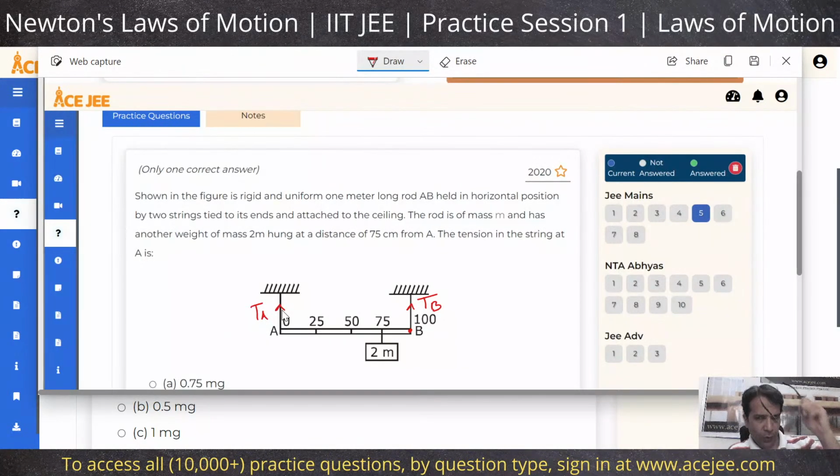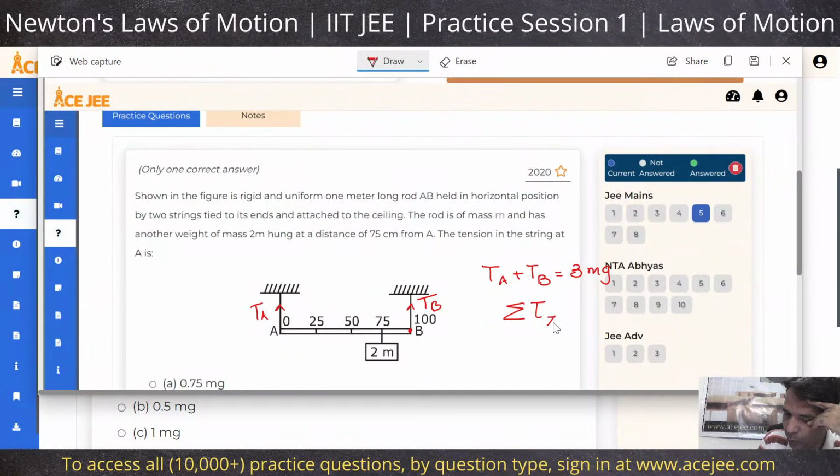Right? But here's the question for you, Peter. We wrote the first equation as TA plus TB is equal to 3 mg. Then you had to write another equation, which was the sum of all the torques about a point P in the Z direction, that means in the direction perpendicular to the screen, that should be 0.